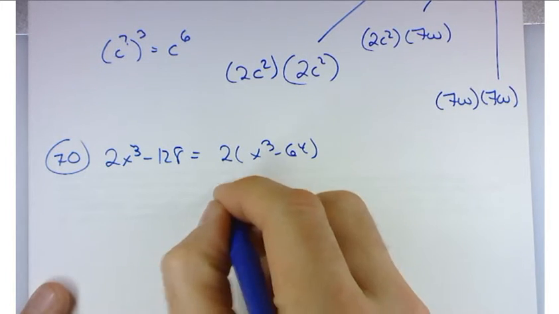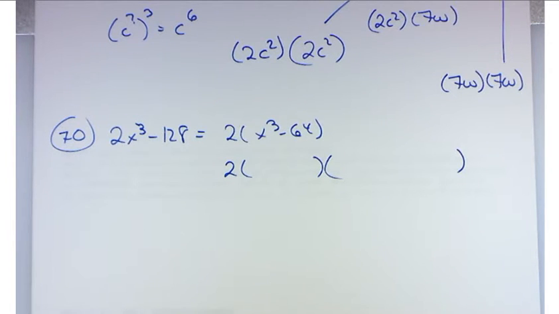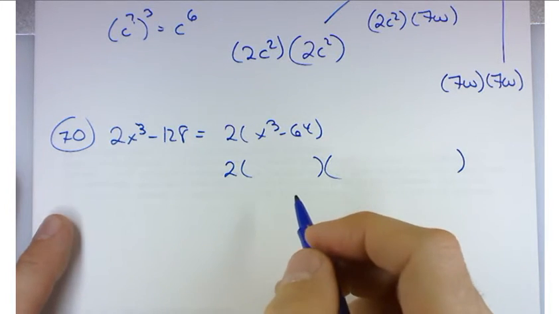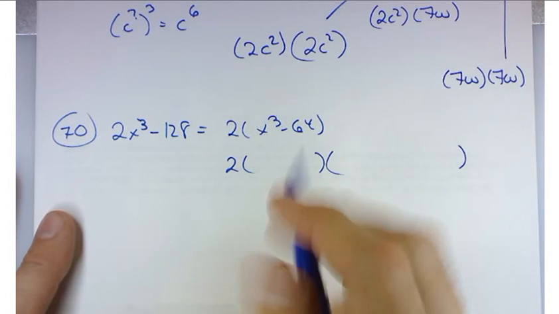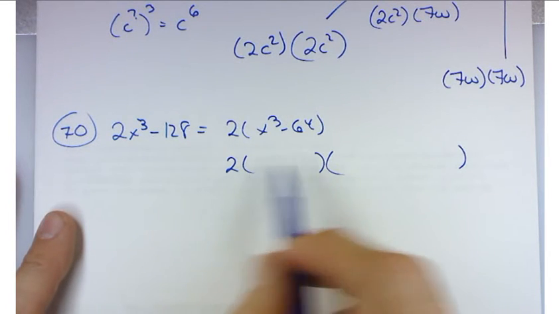That 2 stays out in front. You have 2 times a binomial times a trinomial. Dylan, what 2 terms are in the first binomial?